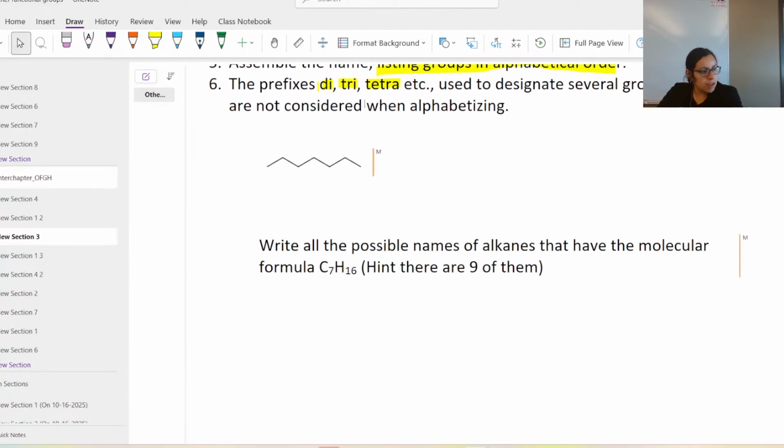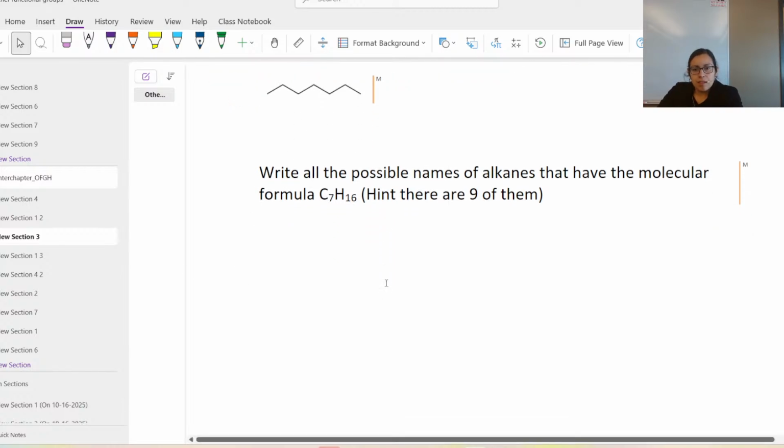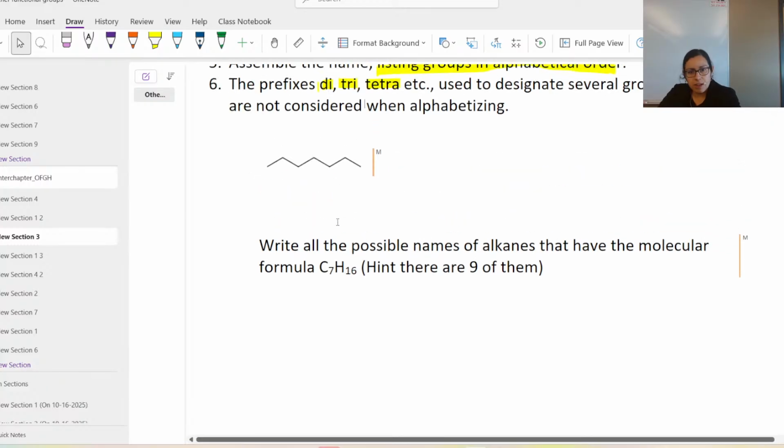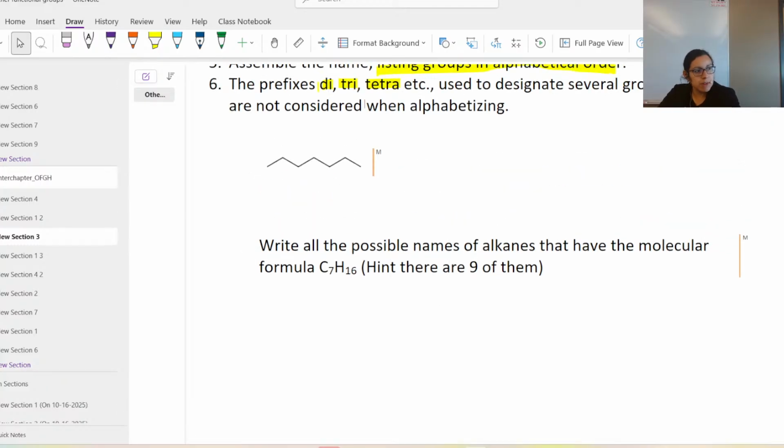Let's take maybe 5 minutes and see if you can draw out your isomers of heptane. There are 9 isomers of heptane, so you don't have to name them yet, because that might be difficult since we haven't practiced. But can you at least draw them?